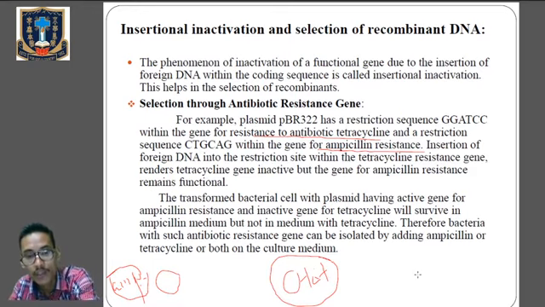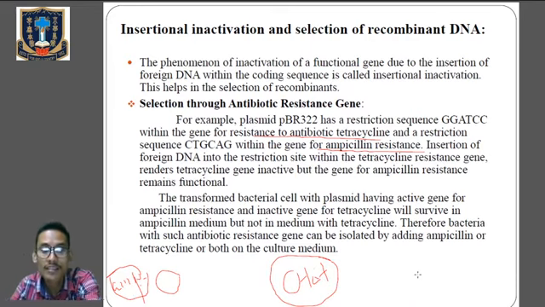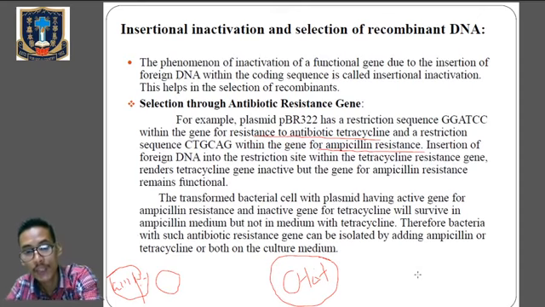Because the transformed bacterial cell does not have the property of resistance to the antibiotic tetracycline. We have put the foreign DNA into the region which provides the resistance to tetracycline in the case of vector pBR322.